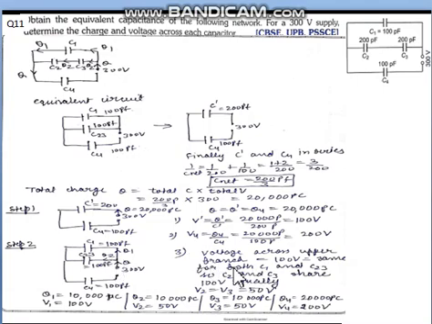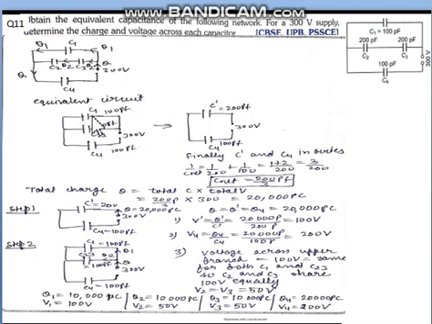And in the same manner, how to obtain the voltage information? As we have got that this C dash, that means this upper branch, its voltage V dash was 100 volt, and since these two capacitors are connected in parallel, the voltage of the upper and lower branch will be the same.